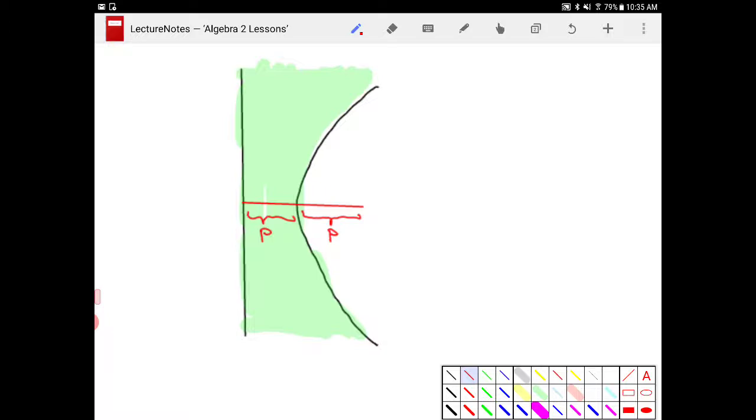It doesn't matter where you are within the lens. So let's say it travels in here, and then from there, the lens will refract and bend the light towards the focal point. Same thing over here.